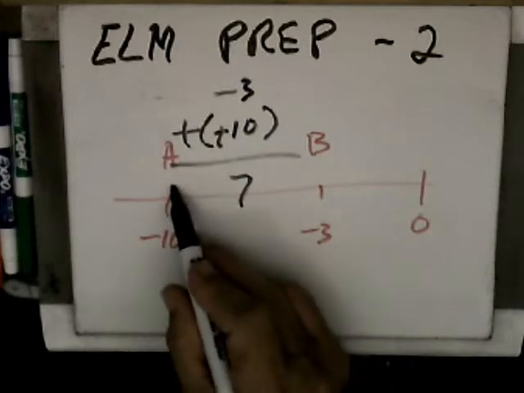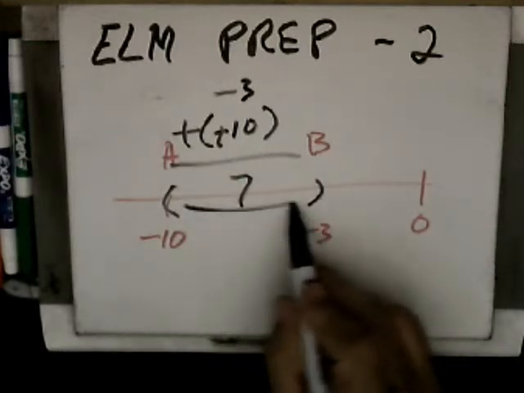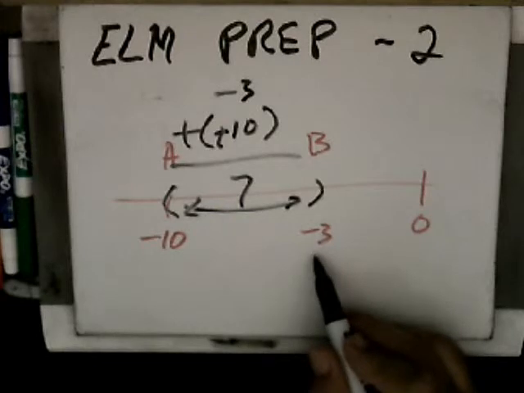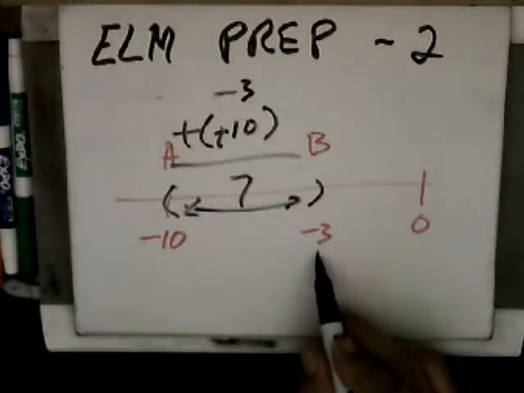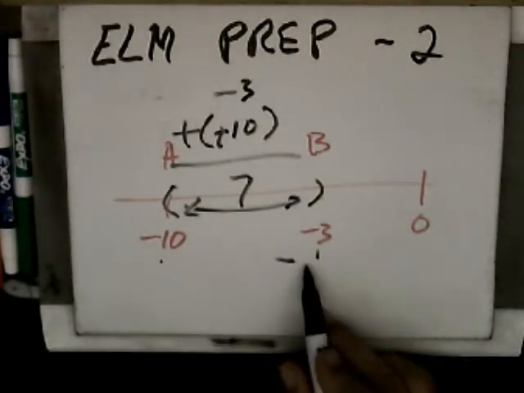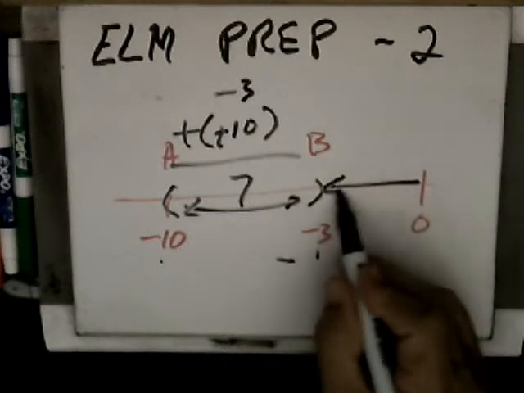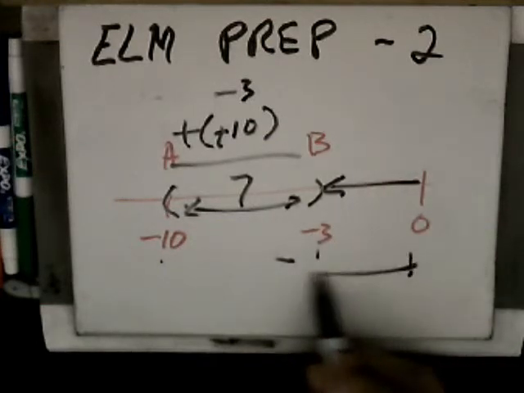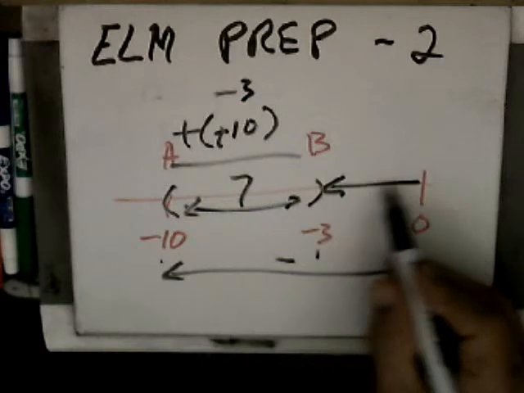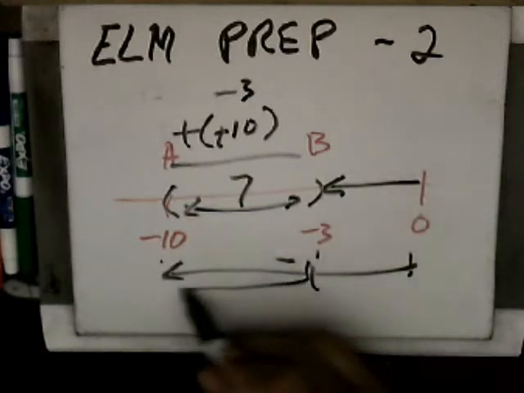So the distance between these is 7. Well, if I count down 3, 4, 5, 6, 7, 8, 9, 10, I could get that. It's the same thing as taking this distance and this distance, subtracting this one off of there, and saying what's left.